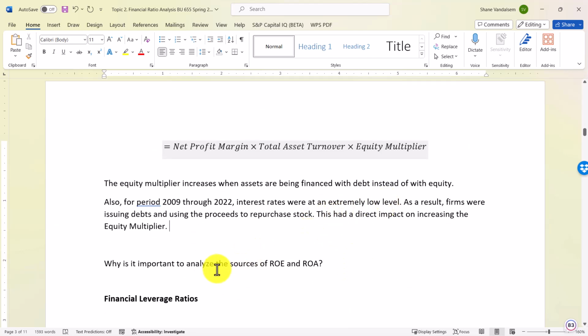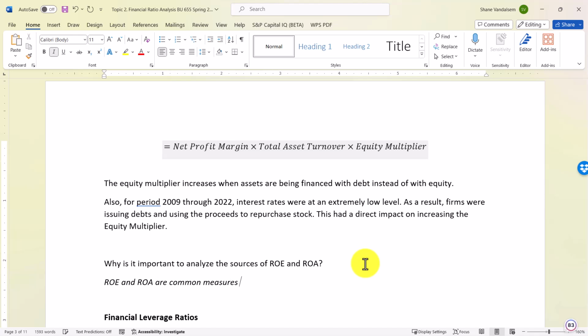So why is it important to analyze the sources of ROE and ROA? ROE and ROA are common measures used to determine whether or not managers are doing their jobs. We want to see where that performance is coming from, and that's why it's important to analyze the sources of ROE and ROA.